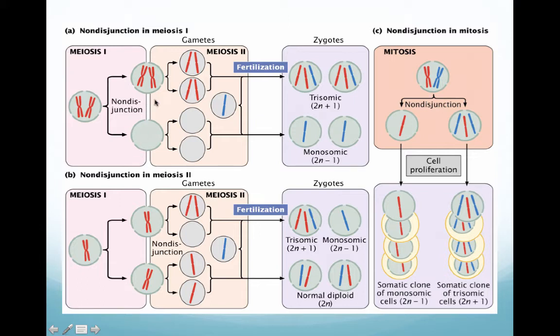Then as you proceed through meiosis 2, even if it's normal, we're going to get double the amount of genetic information that should be there compared to normal. After fertilization, you end up with 3 copies of genetic information. So 2 from the non-disjunction in meiosis 1.